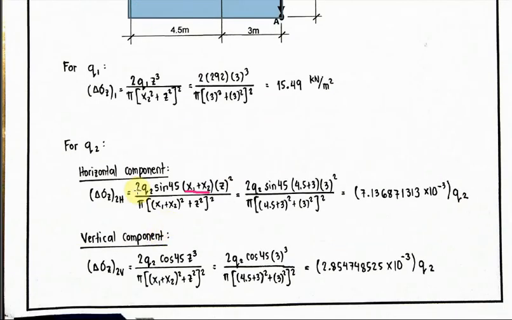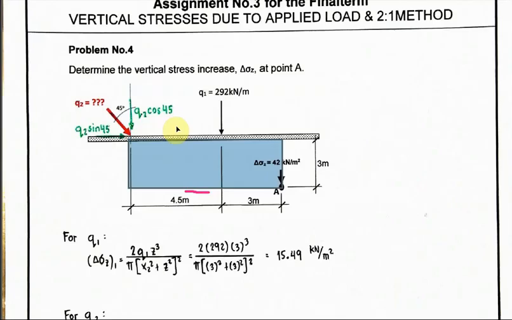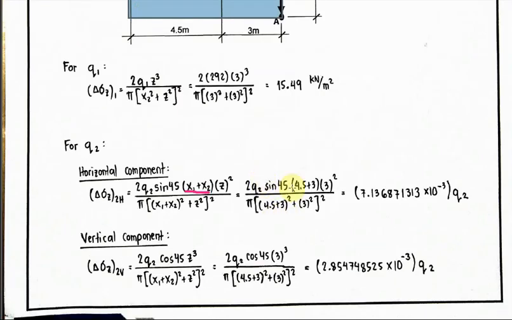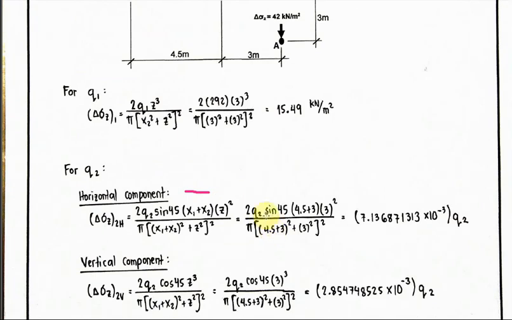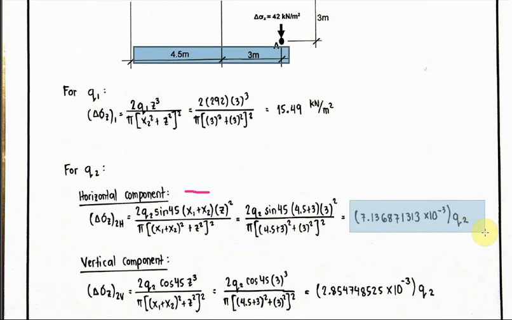So 2 times Q2 sine 45 times (4.5 plus 3), times 3 squared, over pi times (4.5 plus 3) squared plus 3 squared, squared. So we have an answer in terms of Q2.